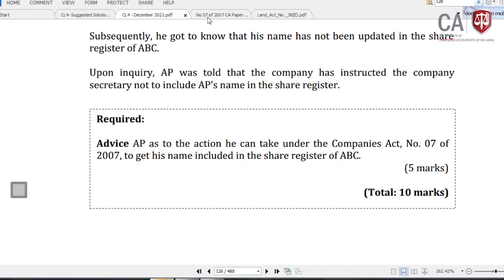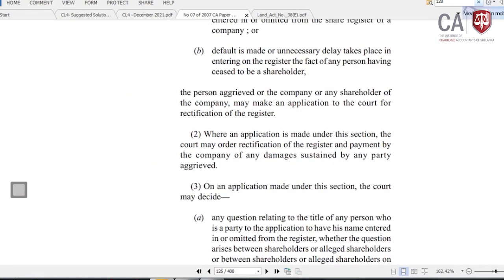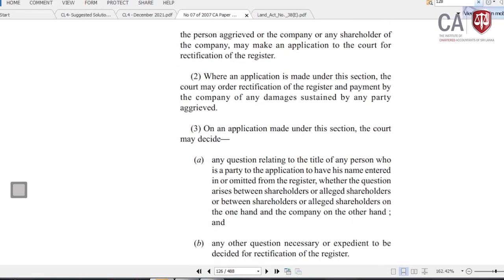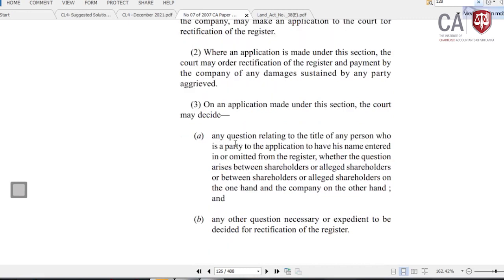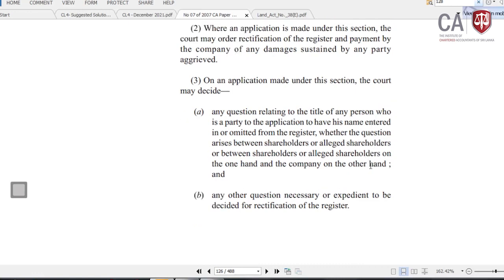And further, if you look at section 128 subsection 3, it says, on an application made under this section, the court may decide any question relating to the title of any person. You can reproduce this part also, who is a party to the application to have his name entered in or omitted from the register, where the question arises between shareholders or alleged shareholders or between shareholders.